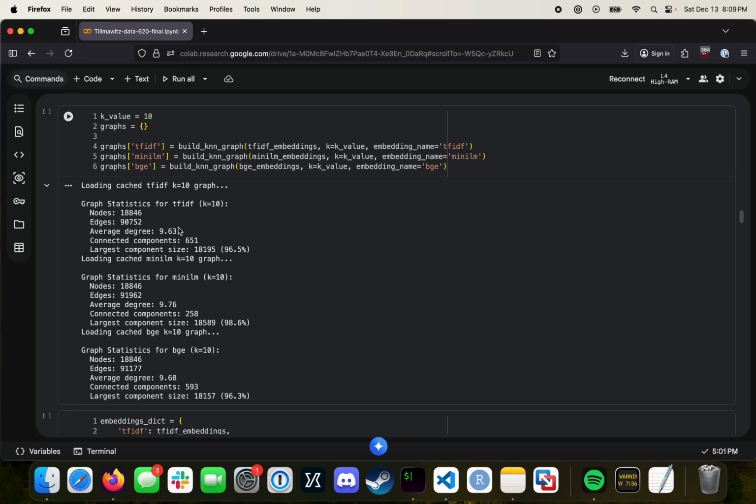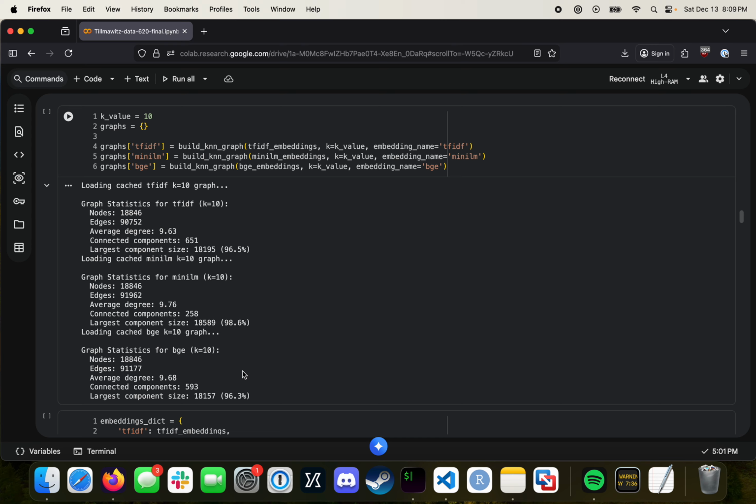So we can see that the TF-IDF and BGE graphs in particular are relatively similar. All the graphs obviously consist of all nodes and a reasonable number of edges. They exhibit similar average degrees, although the average degree of the mini-LM model is slightly higher than the others. Of particular note is the similarity between the TF-IDF and BGE embedding graphs.